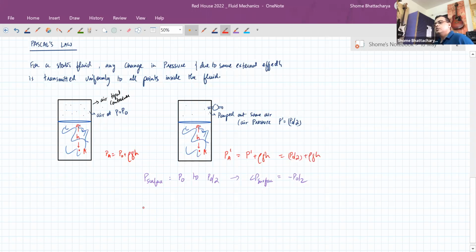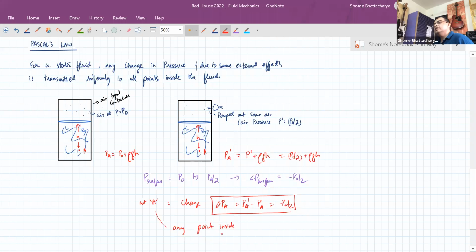So if you look also at the point A, the change in pressure is the same. The final value of pressure minus the initial value is again minus P naught by 2. So the change in pressure at any point inside the liquid, A could be any point inside.